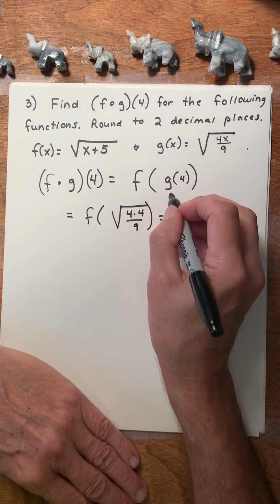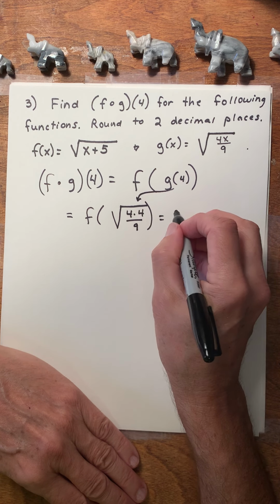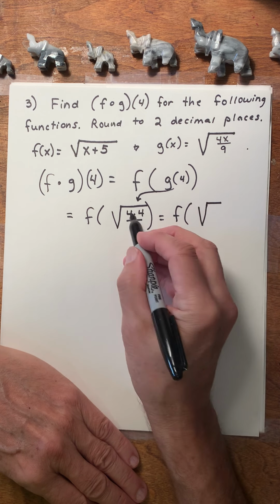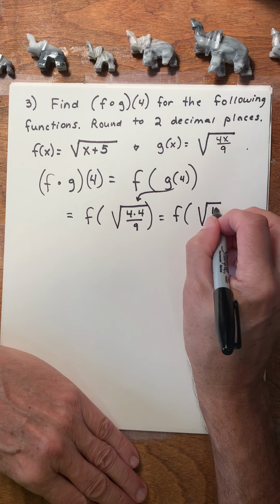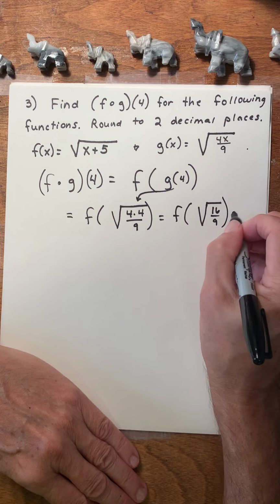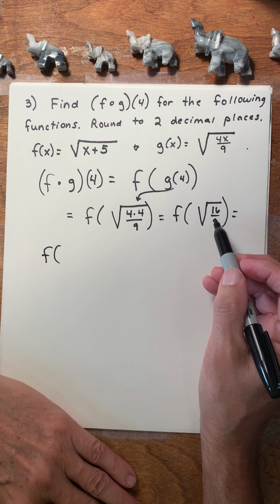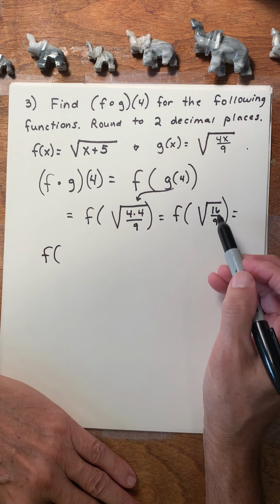There's g of 4. So again, it's f of the square root of 16/9. Square root of 16/9 is the square root of 16 over the square root of 9. It's just 4/3.